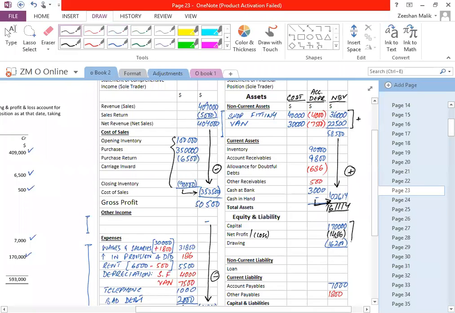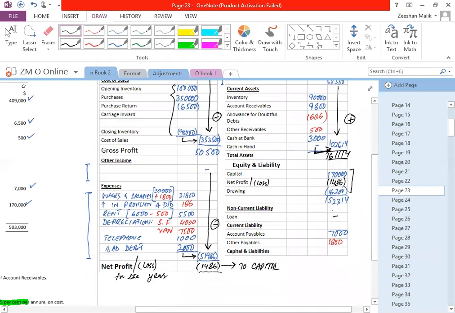Now take the sum of these. जो bracket में होता है आपको पता है minus होता है. 170,000 minus 1486 minus 16200 152,314. Now capital plus liabilities. Non-current liability तो हमारे पास है ही नहीं.